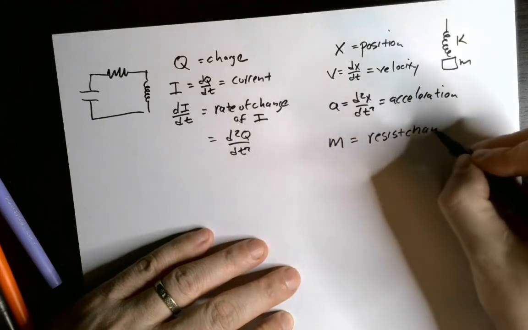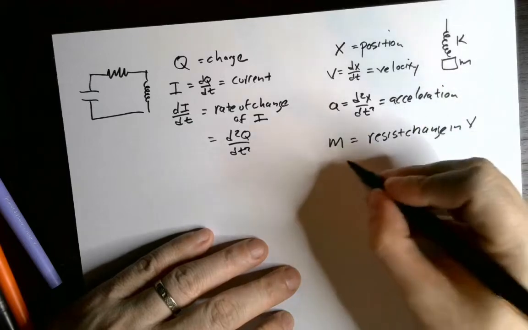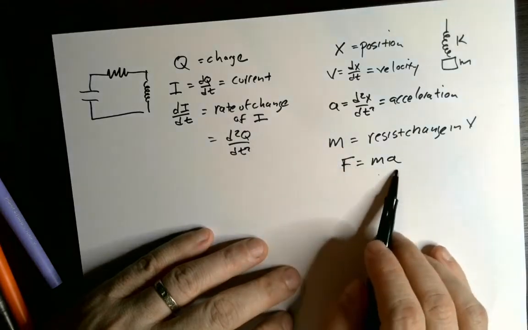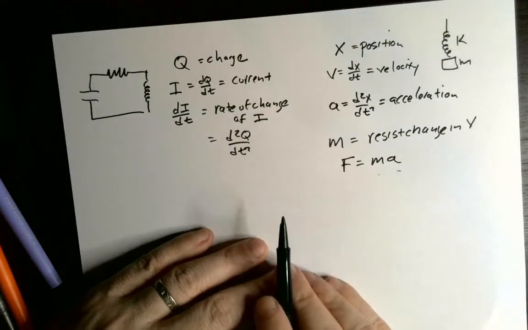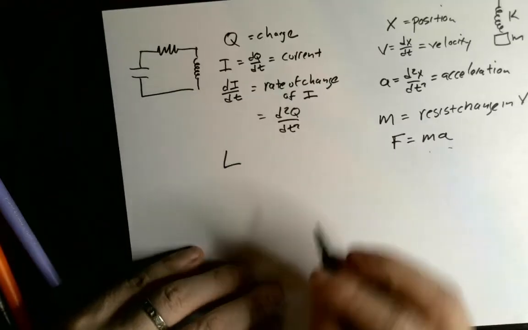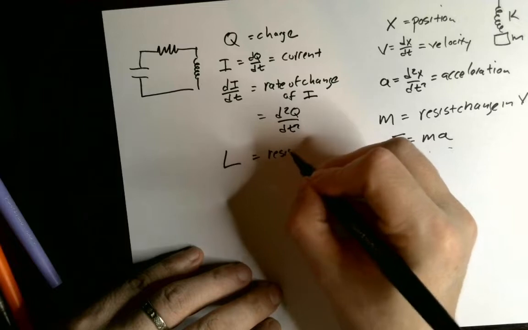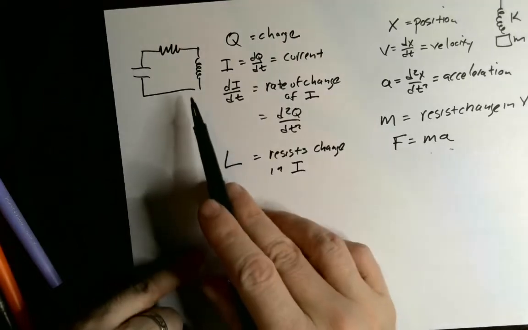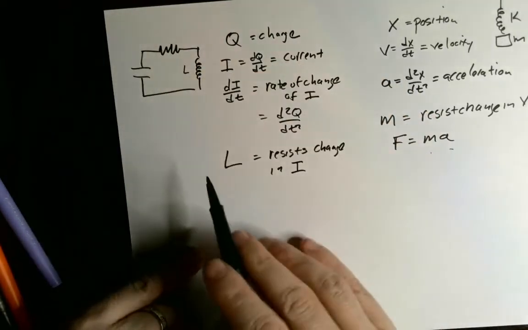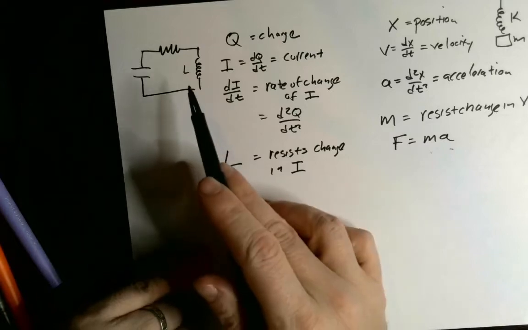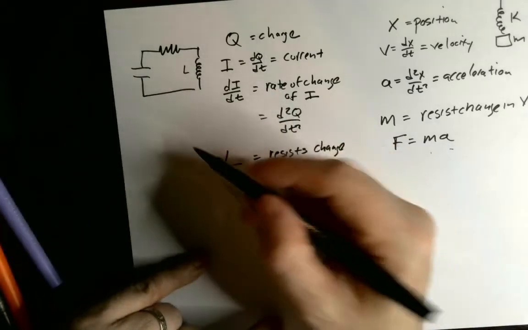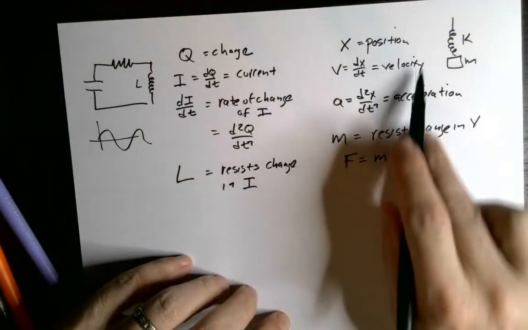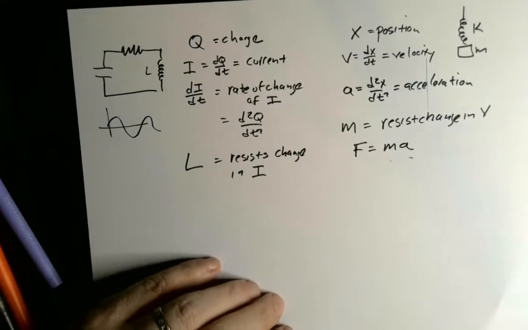And the equation F equals ma tells you how much resistance to acceleration there is for a particular amount of mass. The thing that resists changes in current is the inductance. So you can think of the inductor in an LRC circuit as being like the mass of that circuit. The bigger the inductance is, the slower the oscillation of the current will be, just like the bigger the mass on a spring is, the slower the oscillation of the mass on the spring.